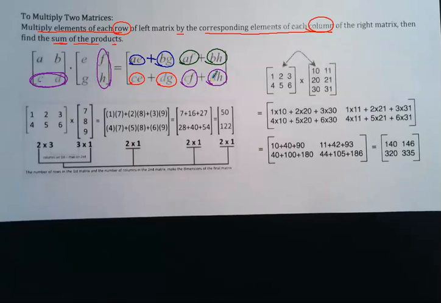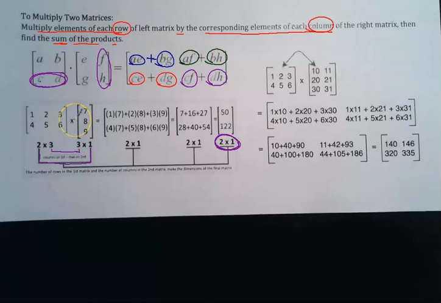Now, if you want to see, we can walk through the whole thing here. We've checked, we have a 2 by 3 matrix times a 3 by 1 matrix. We checked that these are both a 3, so we can multiply. This is a 2 by 1. That tells me how many dimensions I'm going to have in my solution. So down here, I end up with just a 2 by 1.